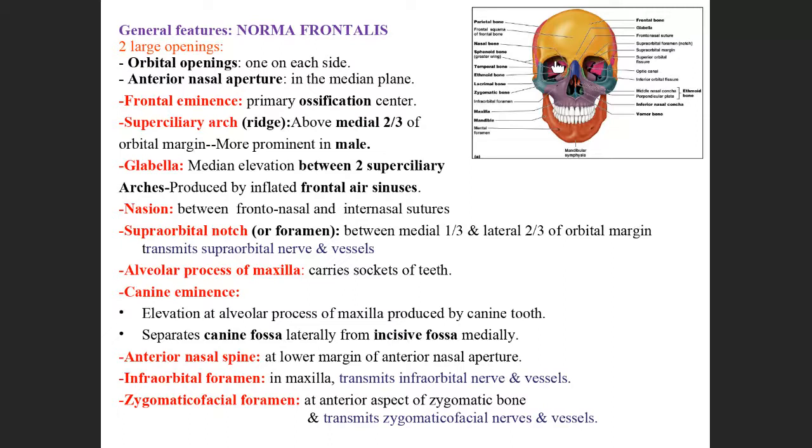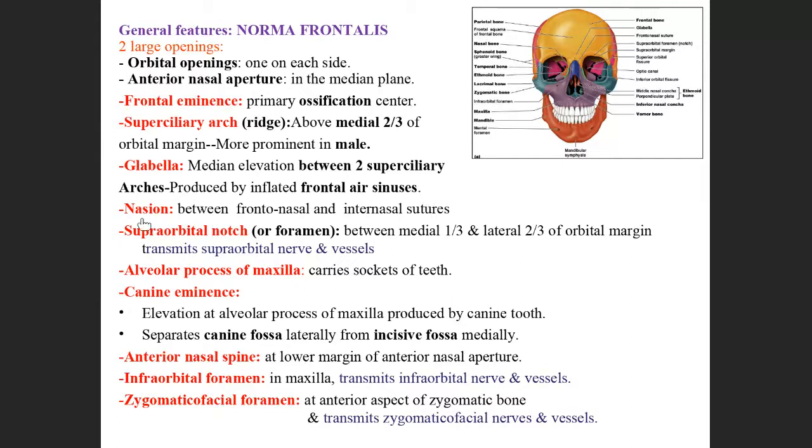The point between the eyebrows is called glabella. Just in general terms you can remember. It is produced by the inflated frontal air sinuses. So why is it produced? It is present because of the presence of the frontal sinuses.